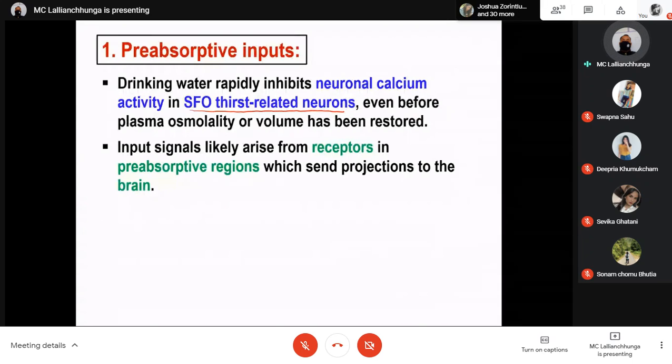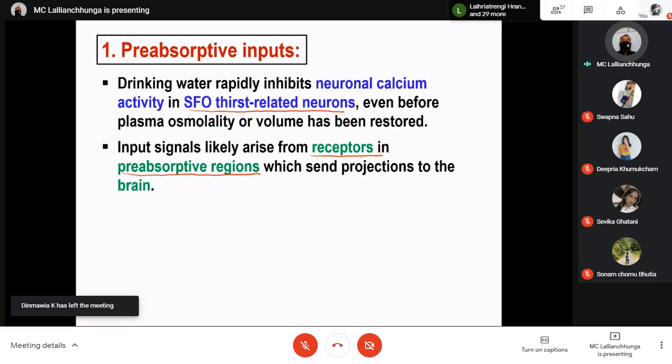Input signals likely arise from receptors in pre-absorptive regions which send projections to the brain. Pre-absorptive regions means the regions through which there is no reabsorption of water.